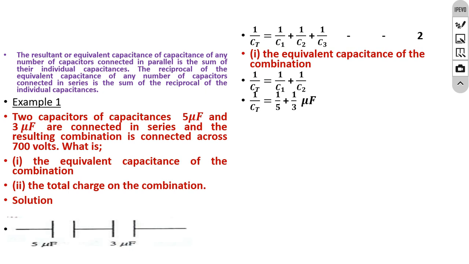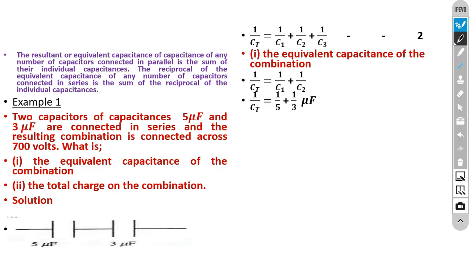Alright, so at this point here, we are to find the LCM. If we find the LCM of 5 and 3, I believe you still remember how to find LCM. If we find LCM of 5 and 3, we obtain the next step here. Let me do it this way. Let's assume, looking at the denominator, we have the value here, 5 and 3.